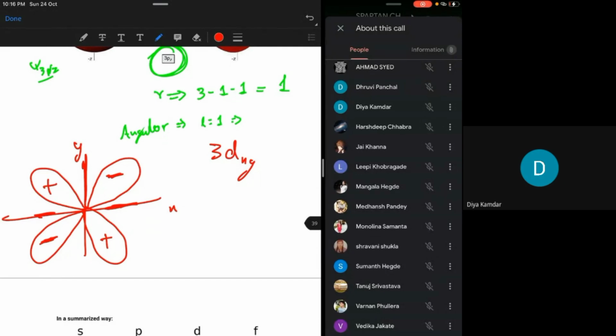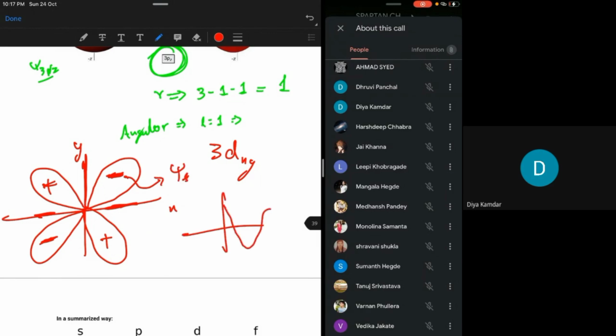This question even comes in PhD interviews, and a lot of PhDs are not even able to answer what this plus and minus in the lobe is. They think that this is positive overlap or negative overlap, things like that. This is not overlap or constructive or destructive interference. It is the sign of the wave function. You have just seen, right?